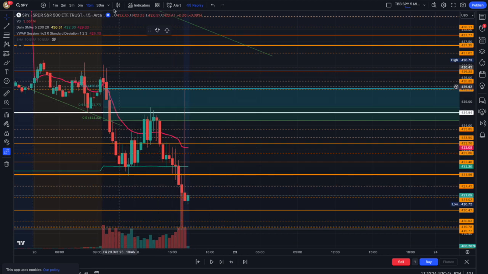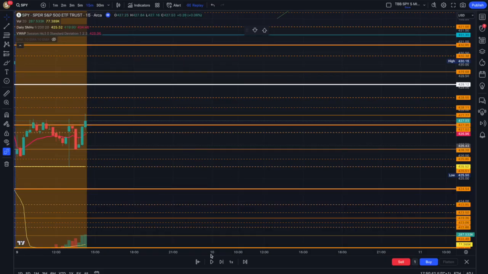Now let's move on to a bullish example for the Fibonacci retracement. At the start of the day, pre-market, you can see that there's no clear trend. So we need to wait and identify 2 pivot points.